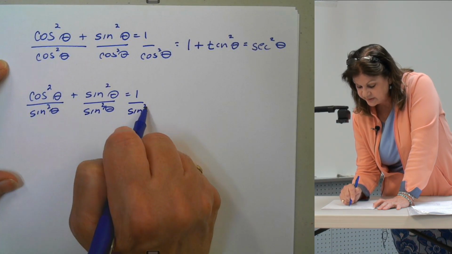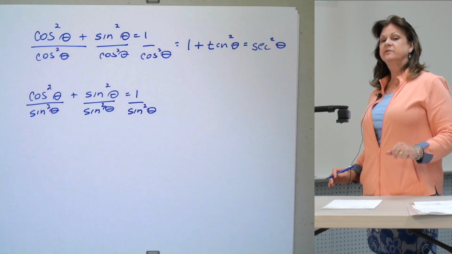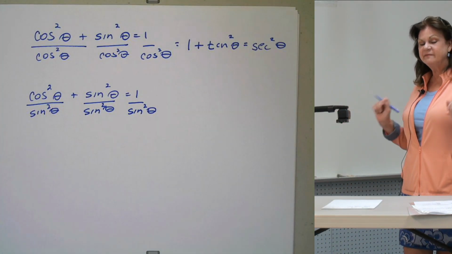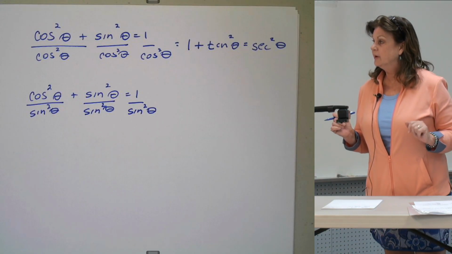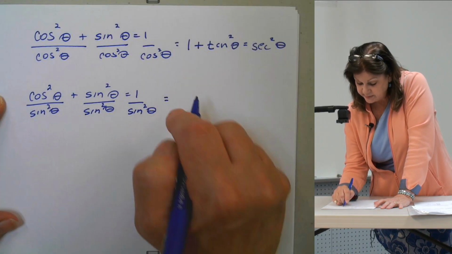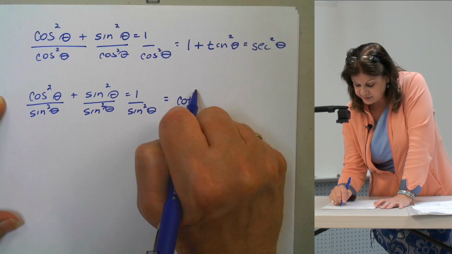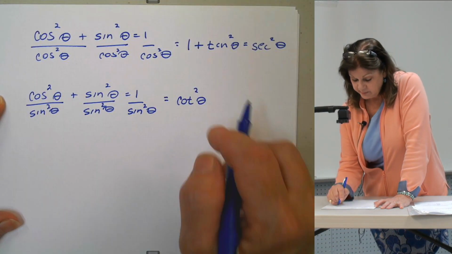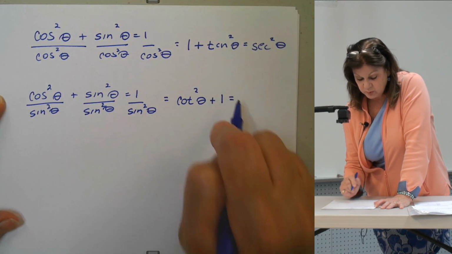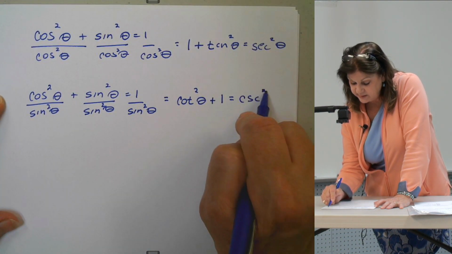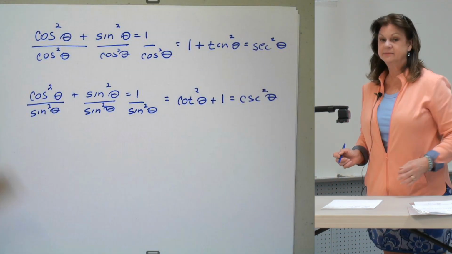All you have to do is look at the equation. Cosine is right there, sine is right there. Just divide everybody by cosine squared and then divide everybody by sine squared. Cosine squared divided by sine squared is cotangent squared. Sine divided by sine, of course any number divided by itself is 1, and 1 over sine is cosecant squared theta.